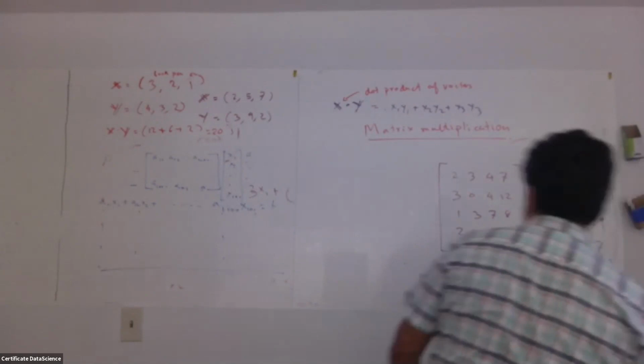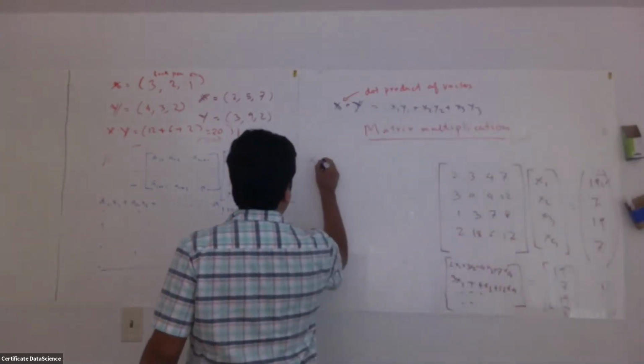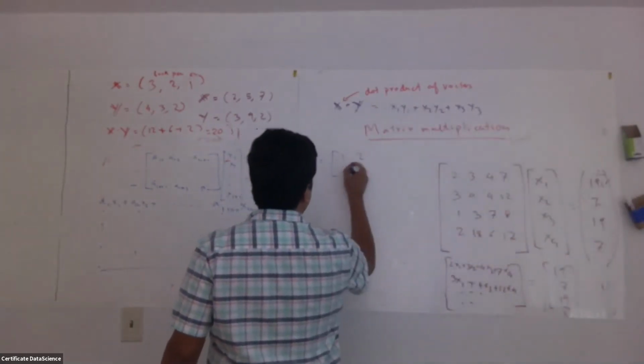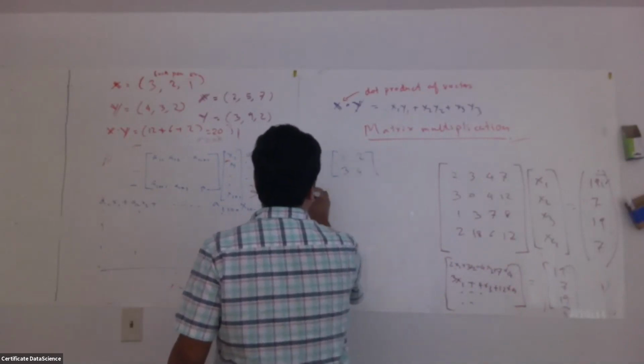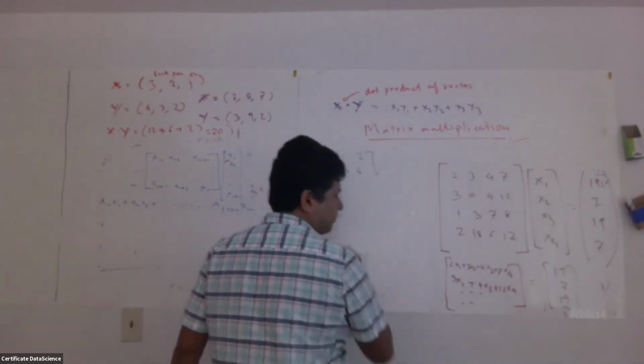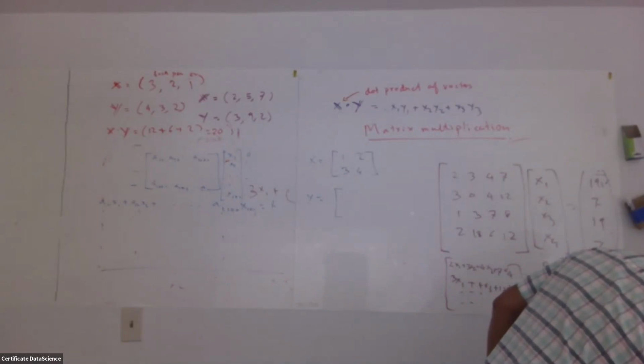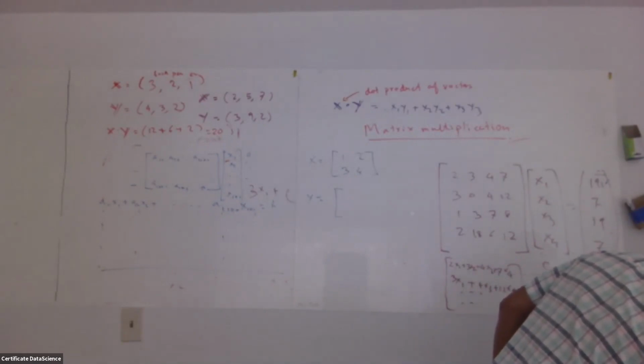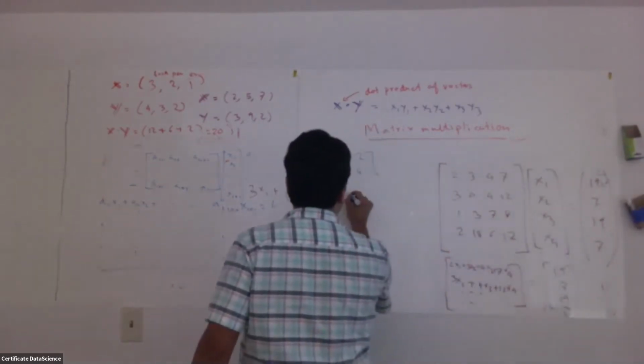So this is my x, which initially was 1, 2, 3, 4. And y was 5, 6, 0, minus 8.